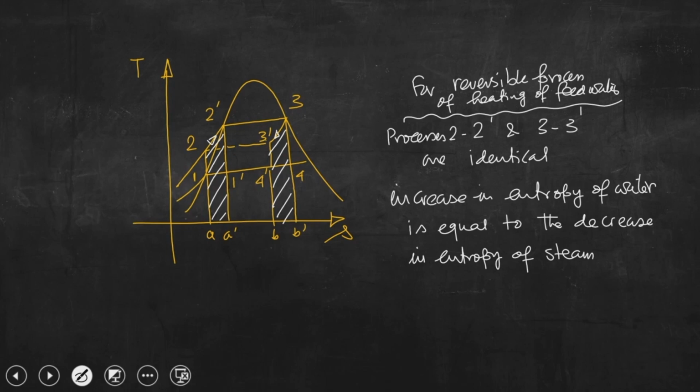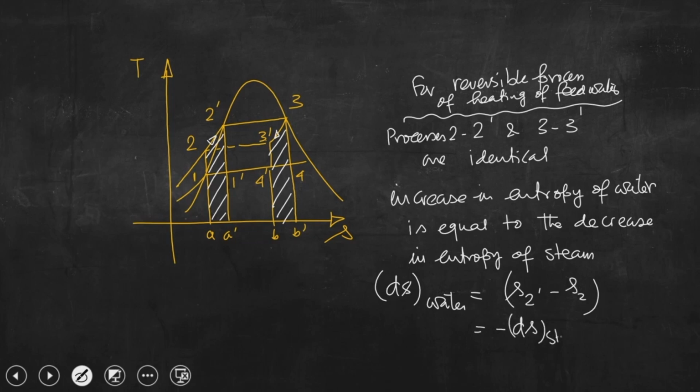That means, increase in entropy of water, that is ds water, is nothing but S2 prime minus S2. So, S2 prime minus S2, that is ds water, should be equal to minus ds steam, equal to S3 minus S3 prime.